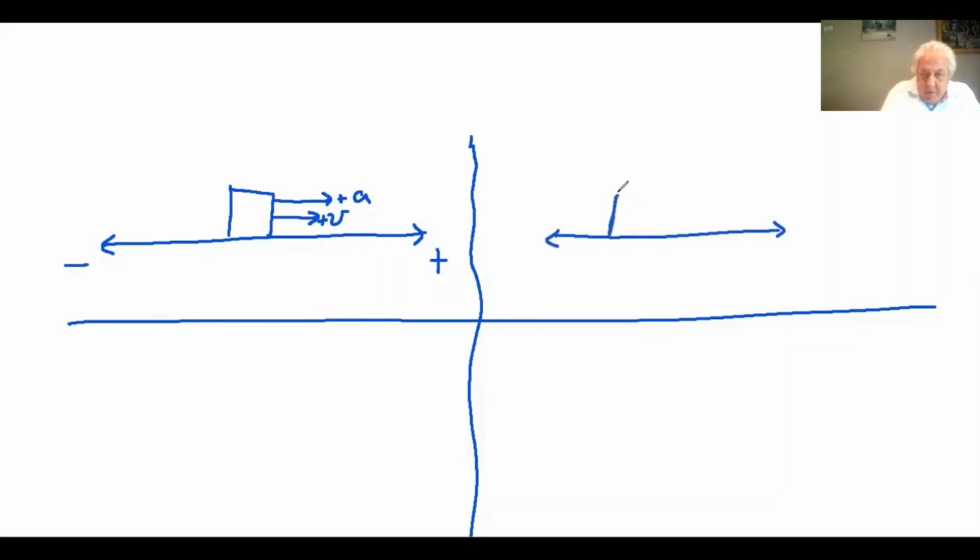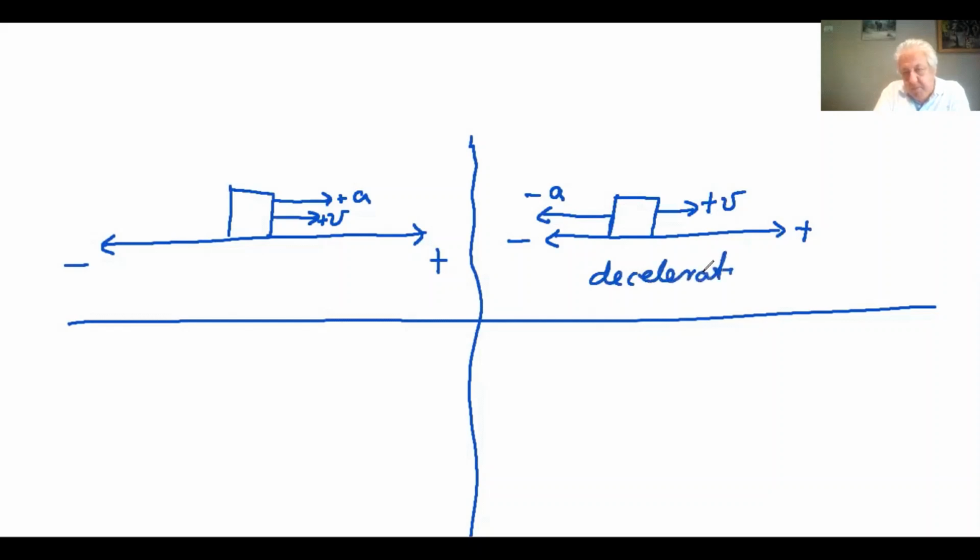Now, if my velocity is in the positive direction and my acceleration is in the negative direction, my acceleration here is negative, and sure enough, it's acting in the direction opposite to the velocity, so it's slowing the object down. So this now is a deceleration. This then is an acceleration.